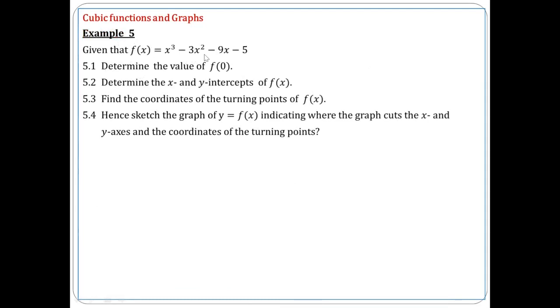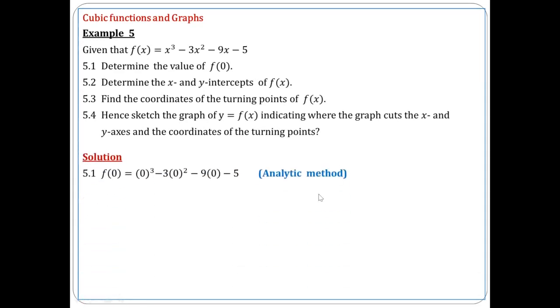Given that f of x is equal to x cubed minus 3x squared minus 9x minus 5, 5.1, determine the value of f of 0. 5.2, determine the x and y intercept of f of x. 5.3, find the coordinates of the turning point of f of x. 5.4, hence sketch the graph of y is equal to f of x, indicating where the graph cuts the x and y axis and the coordinates of the turning point. Right. This is a typical examination question of your grade 11 mathematics under the two topics.